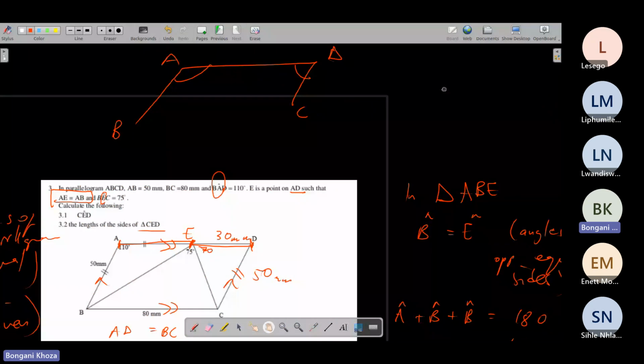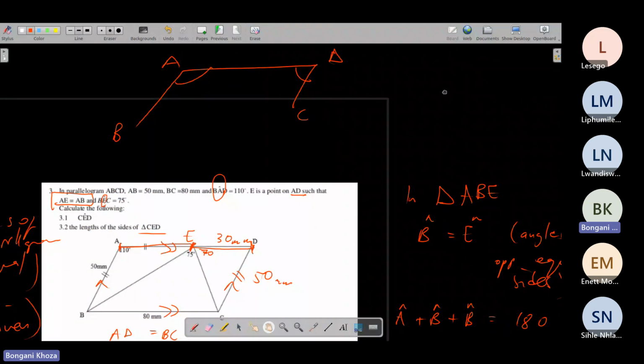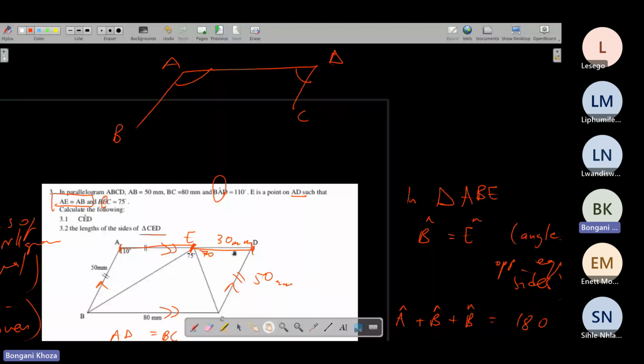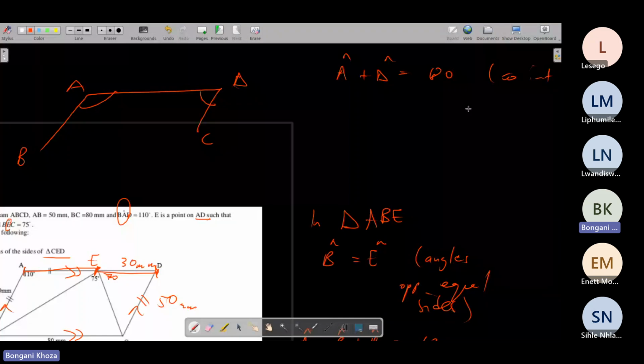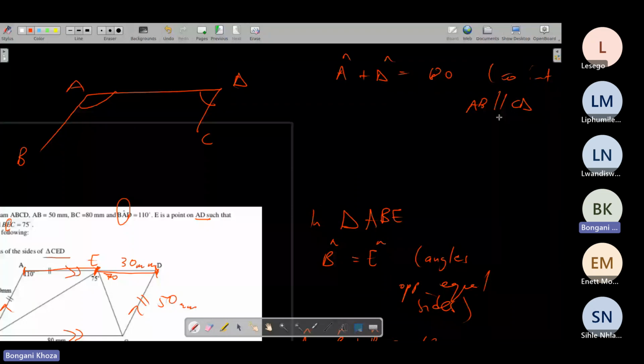So that means this angle and that angle have to add up to 180. So let's look at that. We'll say angle A plus angle D are supposed to be 180, and there are our co-interior angles because AB is parallel to CD, like that. So angle A is 110 plus angle D equals 180. Angle D equals 180 minus 110. Angle D equals 70.